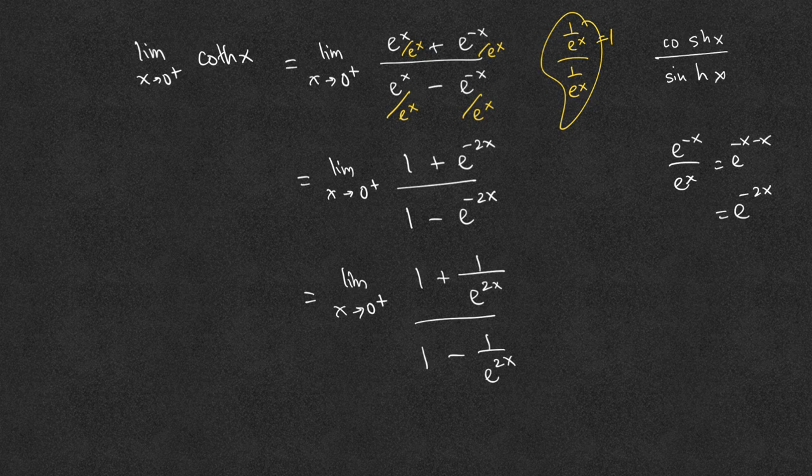At x going to 0, e^0 is 1, and so 1 plus 1 is 2 in the numerator. And at x going to 0 on the right, the denominator is 1 minus this term. We know that this term also goes to 1, but we want to know whether this is more than 1 or less than 1.